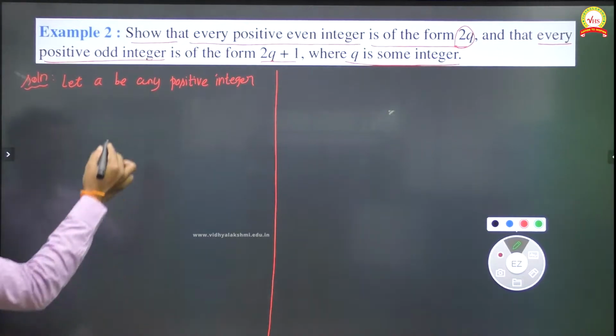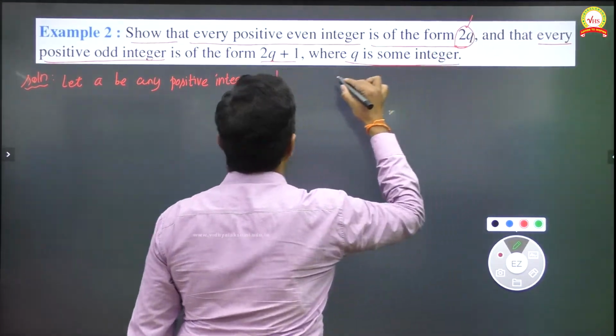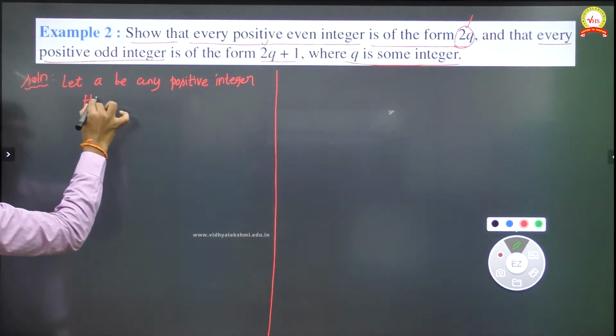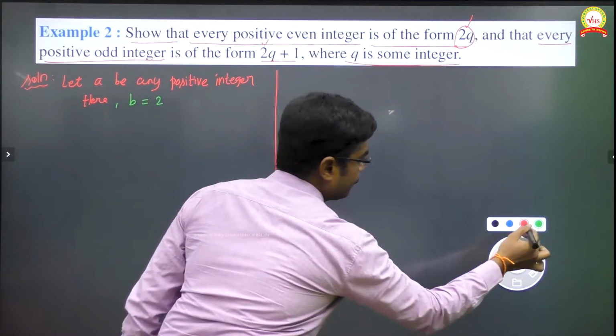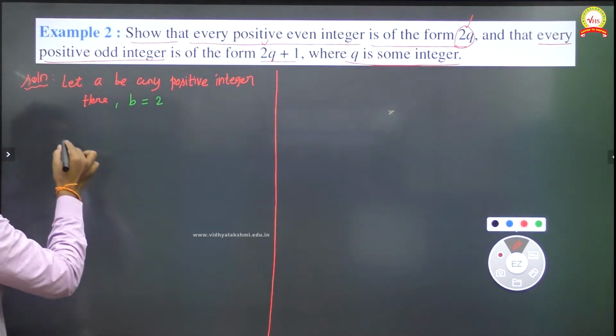See this, what is the divisor here? Here 2 and here also 2. I am going to take b equal to 2, using Euclid division lemma.